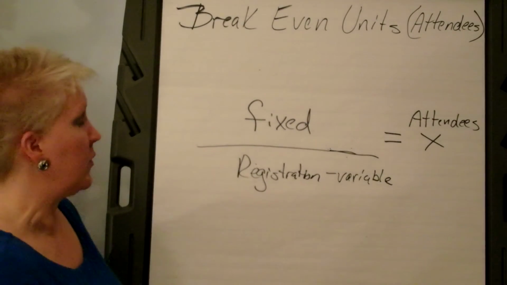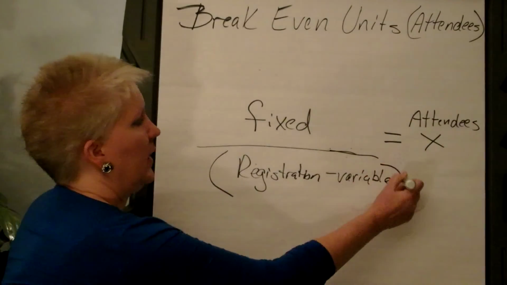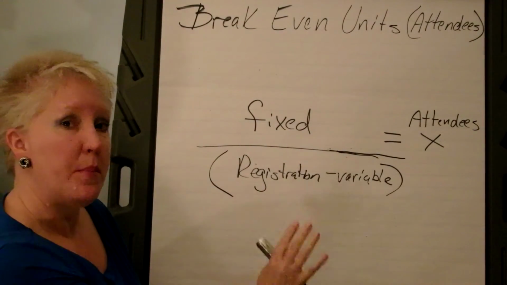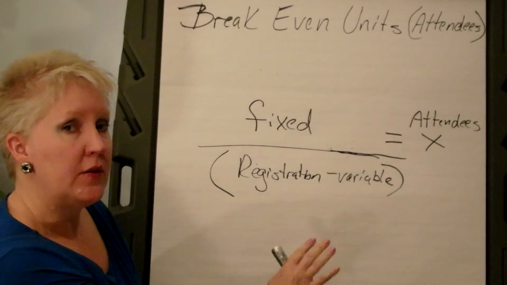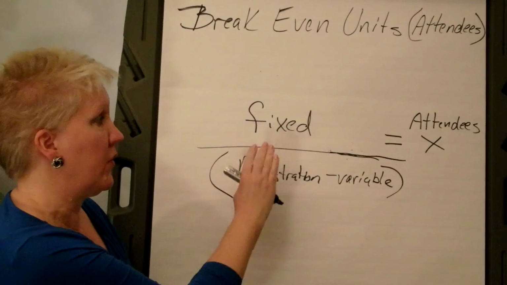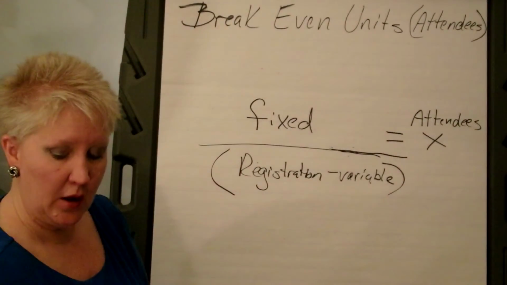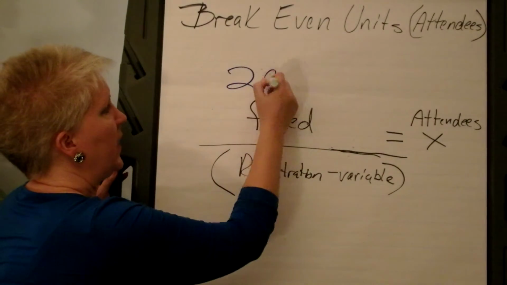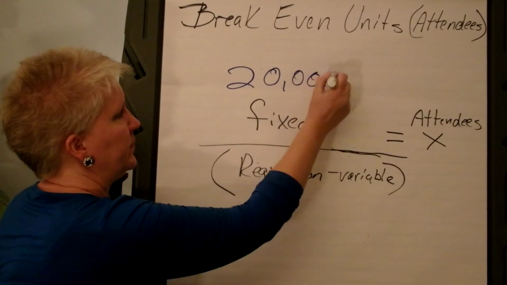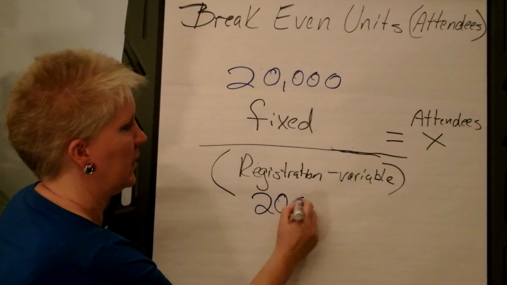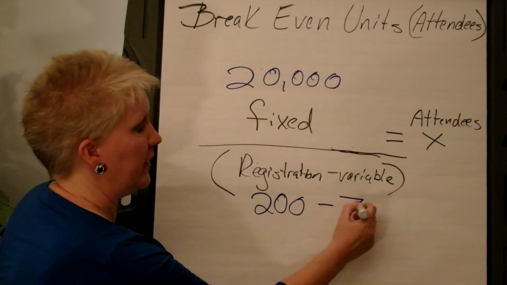So the registration, we are going to take the registration fee, and we need to back out the variable to find out what portion of the registration fee can go toward covering the fixed cost. So if we take the numbers of 20,000 for fixed cost, registration of 200, and we know the variable is 75.